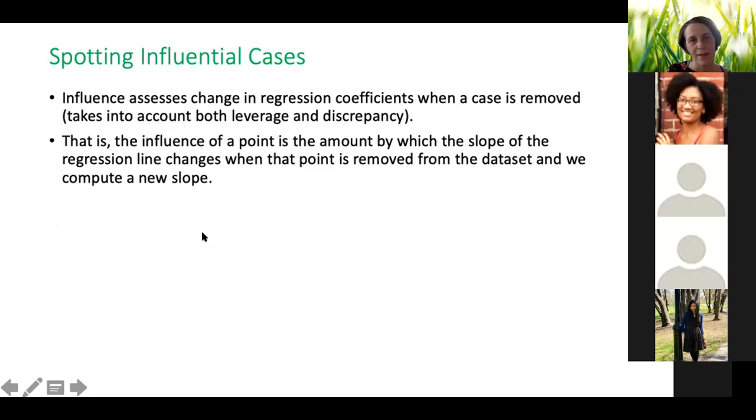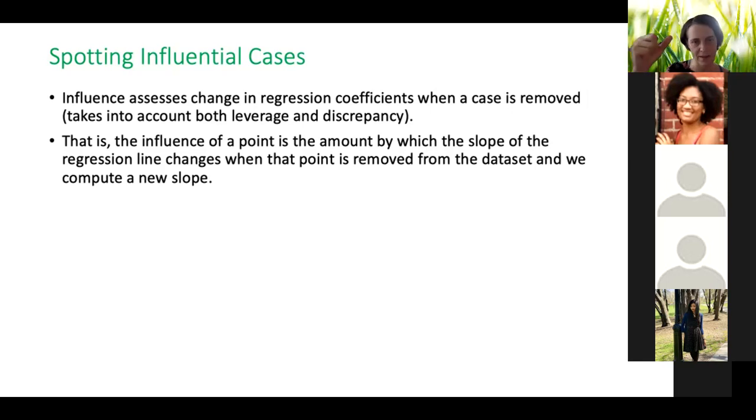So if we want to measure how influential a case is, then we have to take into account both the leverage and the discrepancy of a point, right? So we define this in a quantitative way. We define the influence of a point as the amount by which the slope of the regression line changes when the point is removed from the data set, and then we compute the new slope.